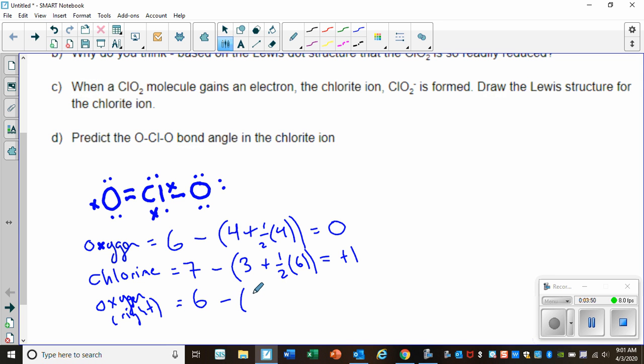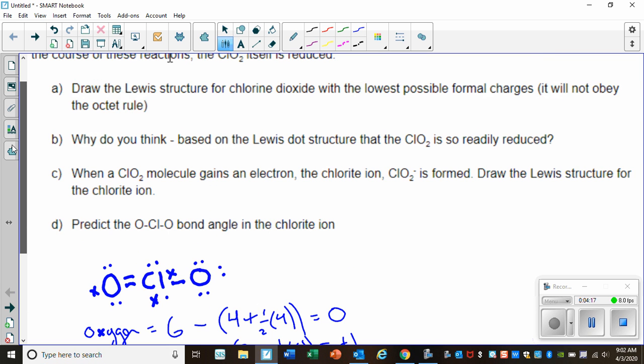It still has 6 valence electrons surrounding it, and then 1/2 of the 1 bond it's involved in. So we end up with a -1 there. And so this checks out. If you add all those up, our formal charges get you to 0. That's a good thing. And again, there are other ways you could technically draw this out, but it turns out that you're not going to get as low formal charges. So this is the best possible way, despite being a little bit weird.